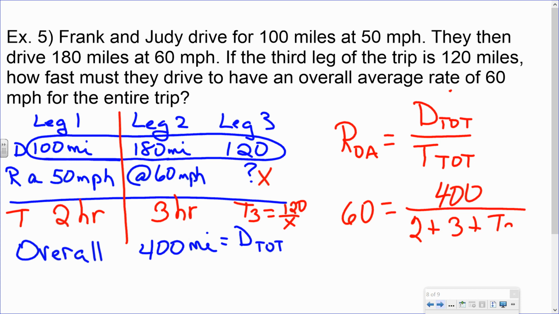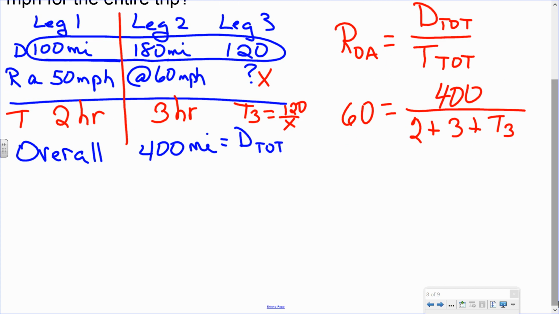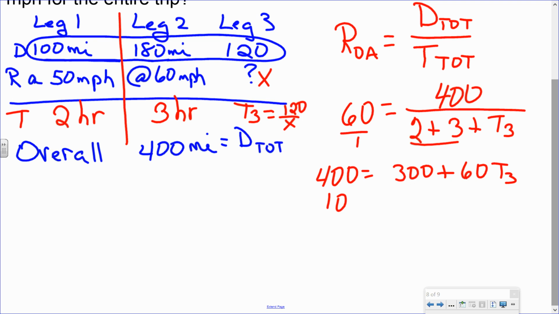So for right now, I'm just going to say my third time, like that. I can solve that for the time that that third leg took. So let's see, if I do my cross product, I get 400 equals 60 times 5, so 300, plus 60 times T3. So 100 is 60 T3.